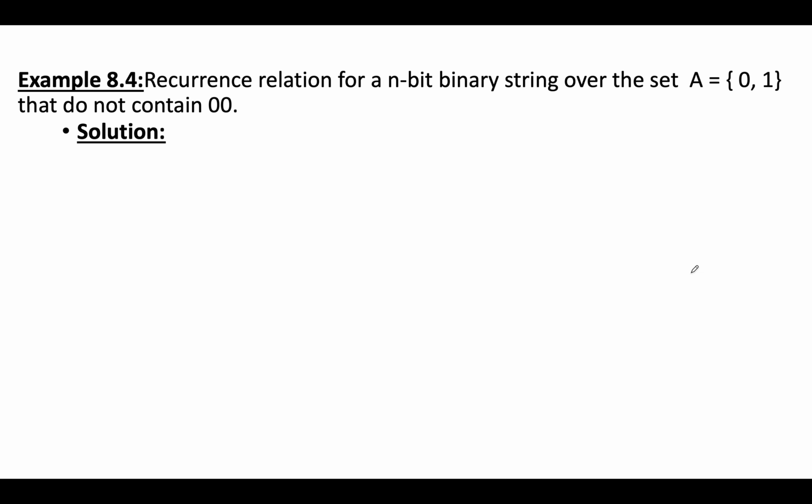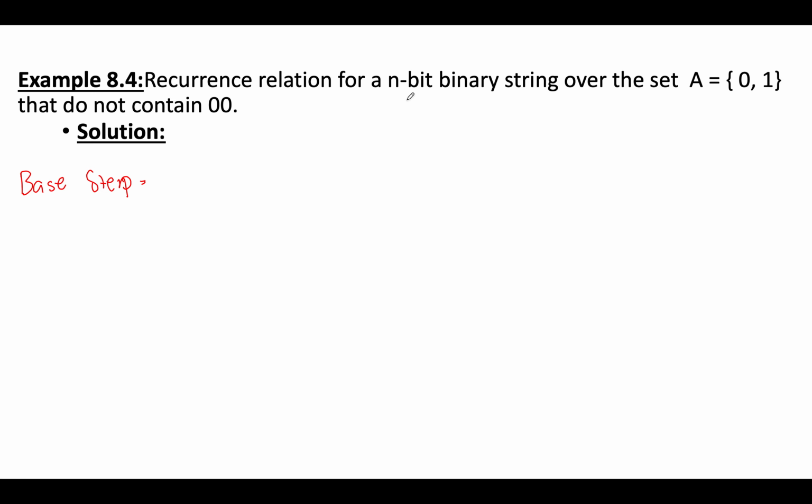Okay. Now the last example in this session is asking us to find the n-bit binary strings over the set A, 0 and 1, that do not contain 0 0. Now, in order to solve this example, we need to do it step by step. Let's say, again, we have the base step, and it depends on how many bits are in the binary string.